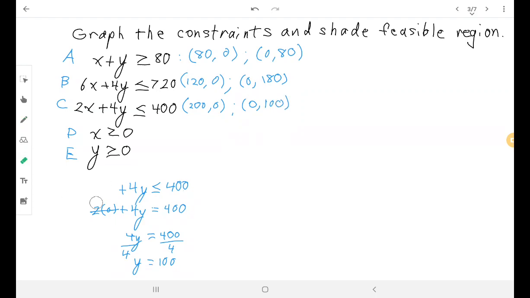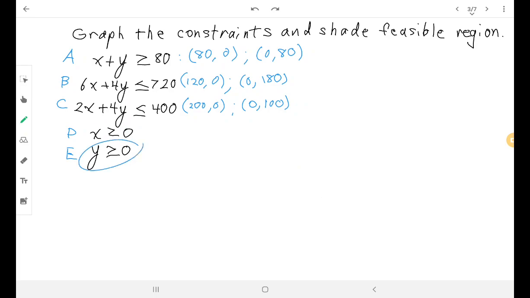And so I have 2 good points for each of those 3, and then these ones, this is just a vertical line at x equals 0 and a horizontal line at y equals 0, which are just the 2 axes, right? So it looks like this. First, x equals 0 is there.